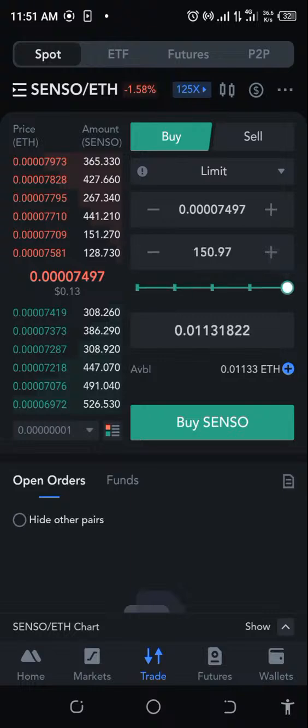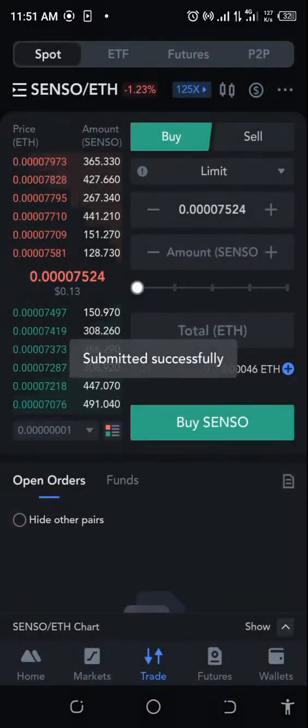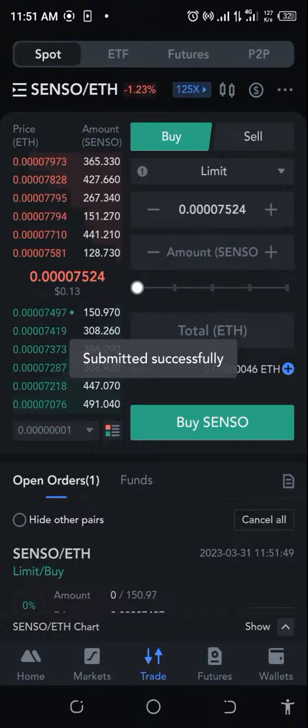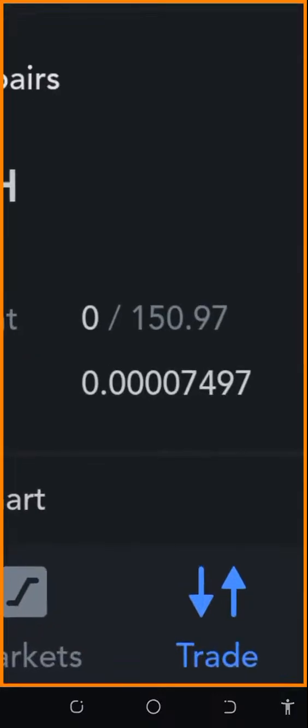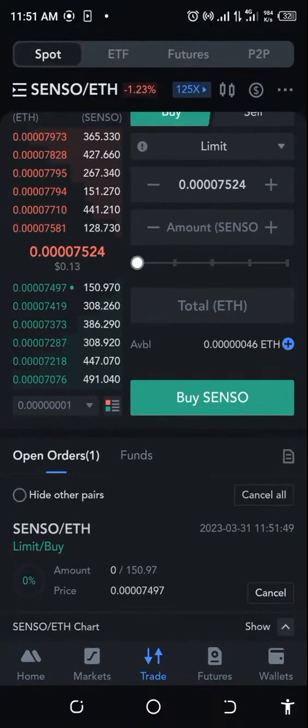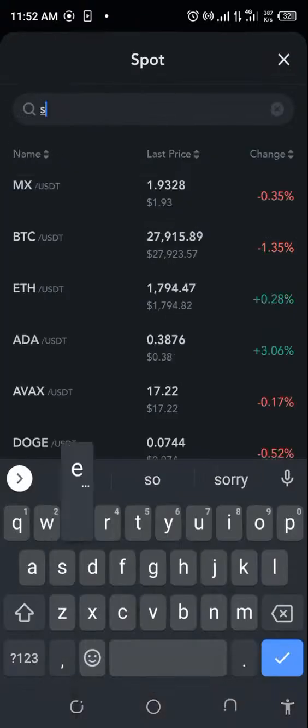Okay, let me try and see. So what we got was 150.97, I guess. 150.97. Okay, let's quickly go and see if we sell this to Senso USDT, how much we're gonna make.